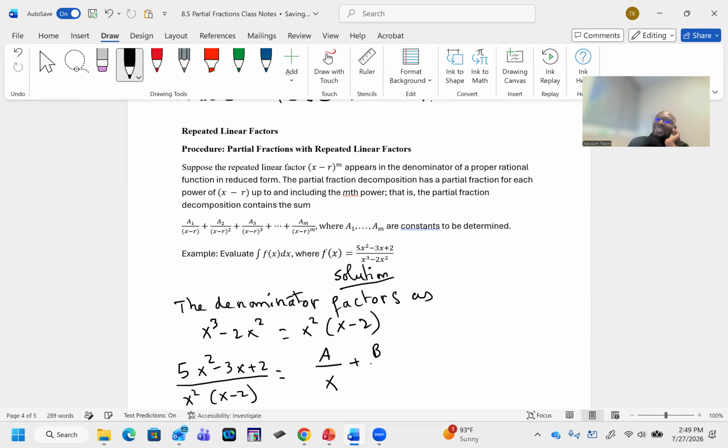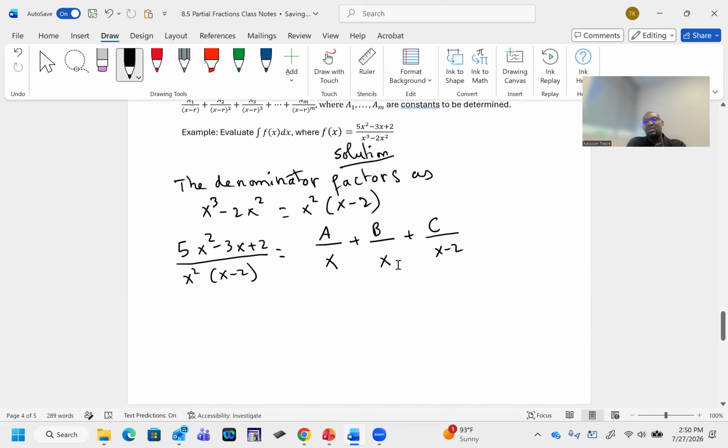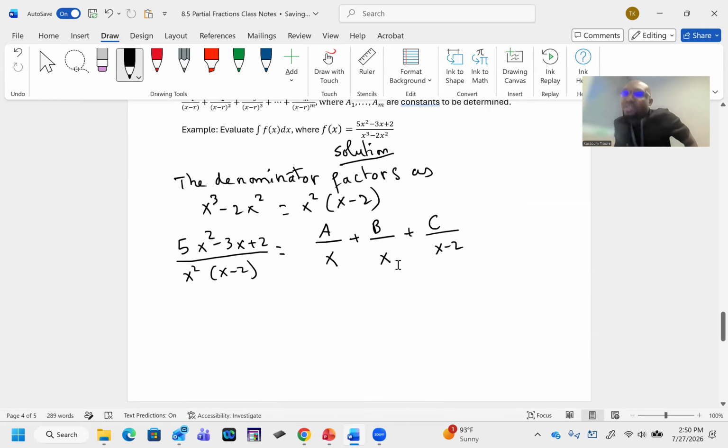B divided by again x, then plus now c divided by x minus 2. Okay, so we multiply both sides by what? We multiply both sides by the common denominator, which is x squared times x minus 2.